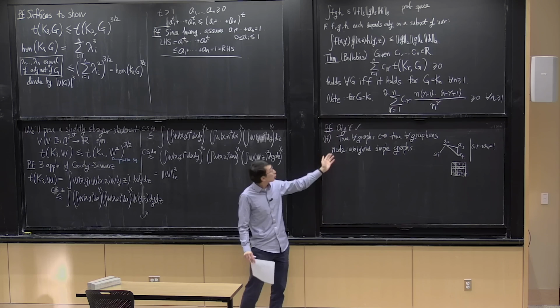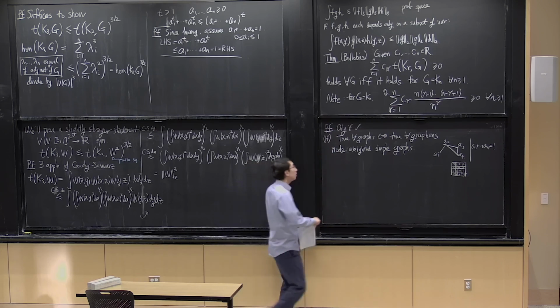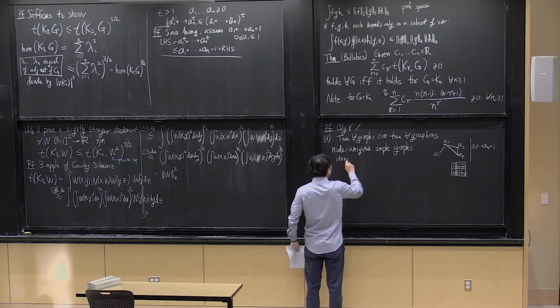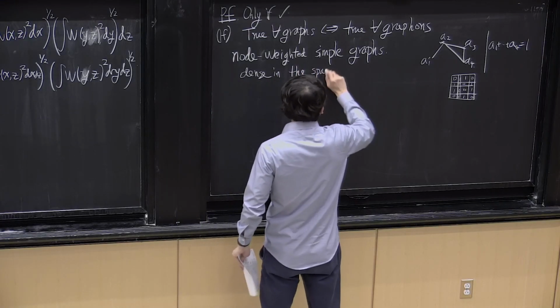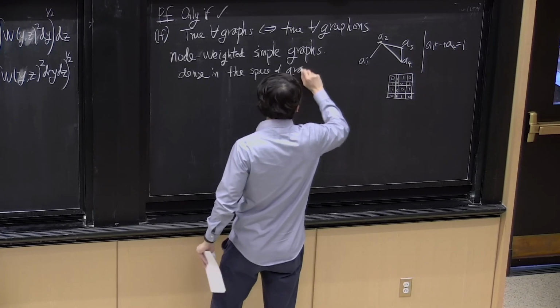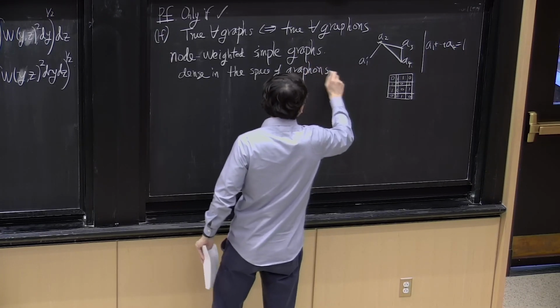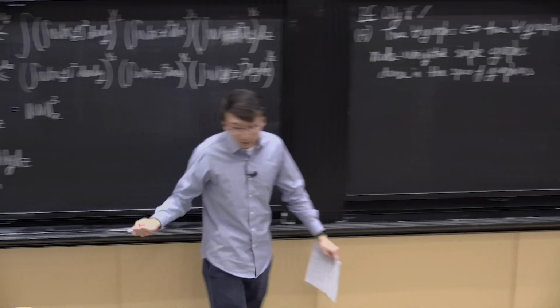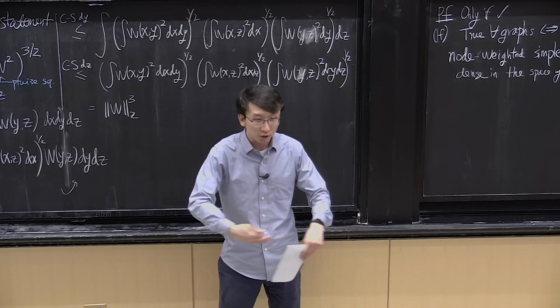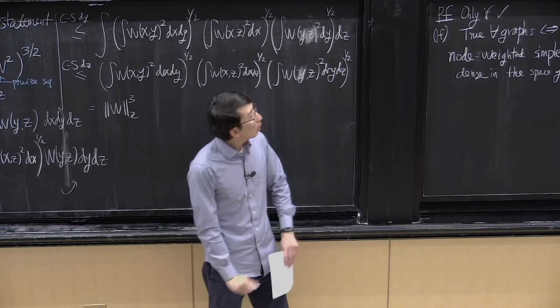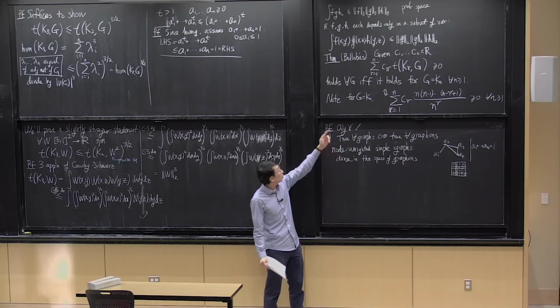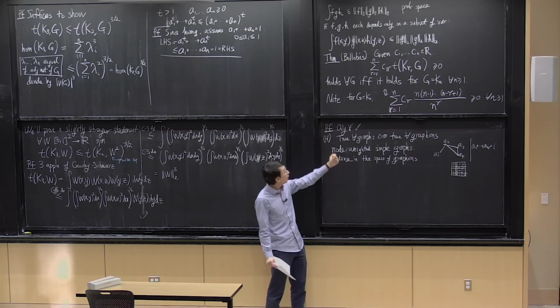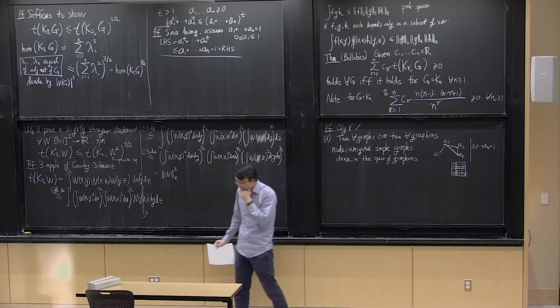And the set of such node-weighted graphs is dense in the space of graphons. In particular, as far as graph densities are concerned, they include all the simple graphs. So the inequality is equivalent to it being true for all node-weighted simple graphs.